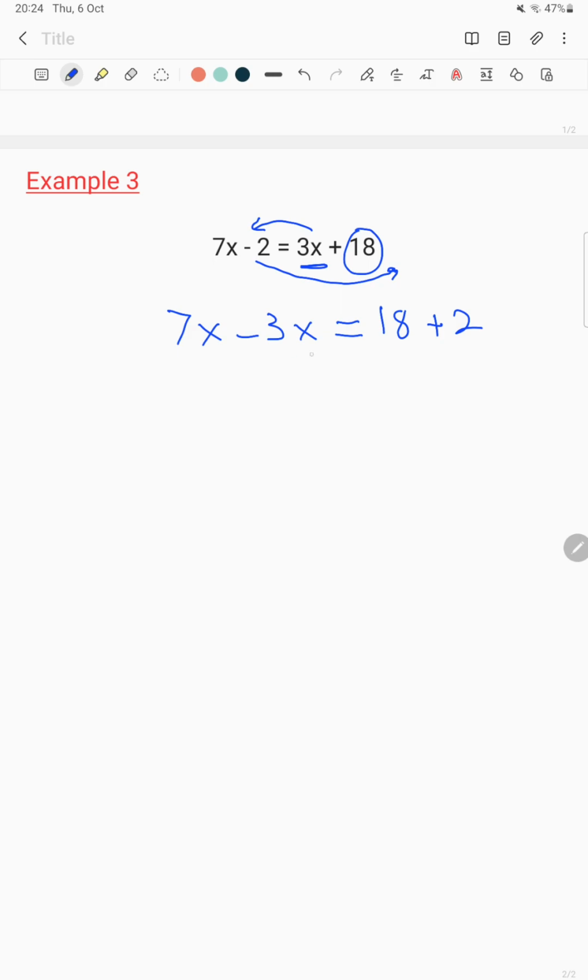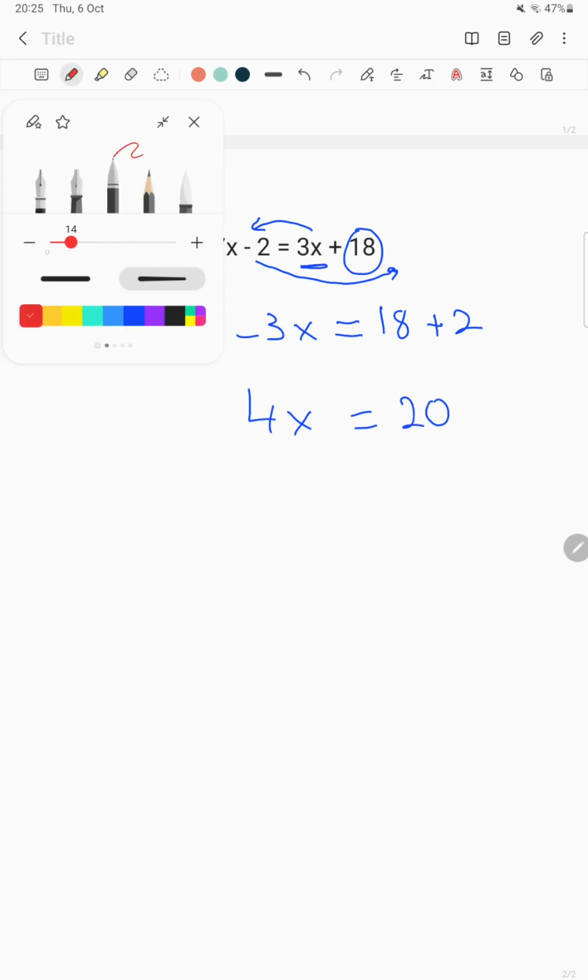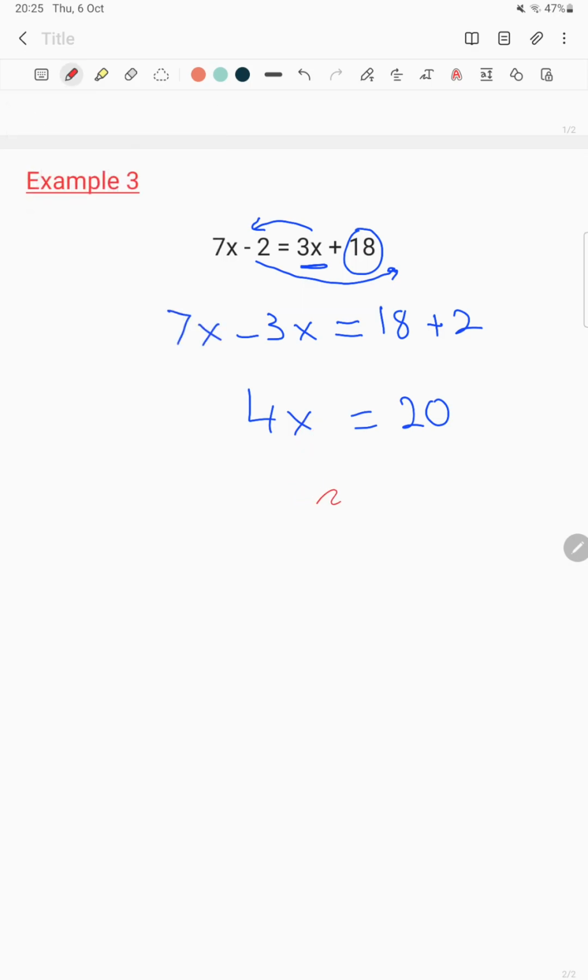So 7x minus 3x leaves us with 4x, and that's equal to 18 plus 2, which leaves us with 20. Now we need to get rid of the 4 in front of the x. We've got just a single x, so we divide the left by 4 and the right by 4.